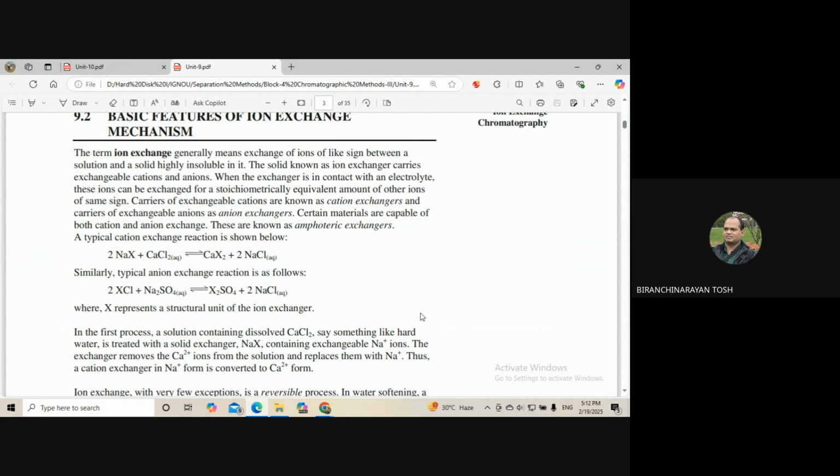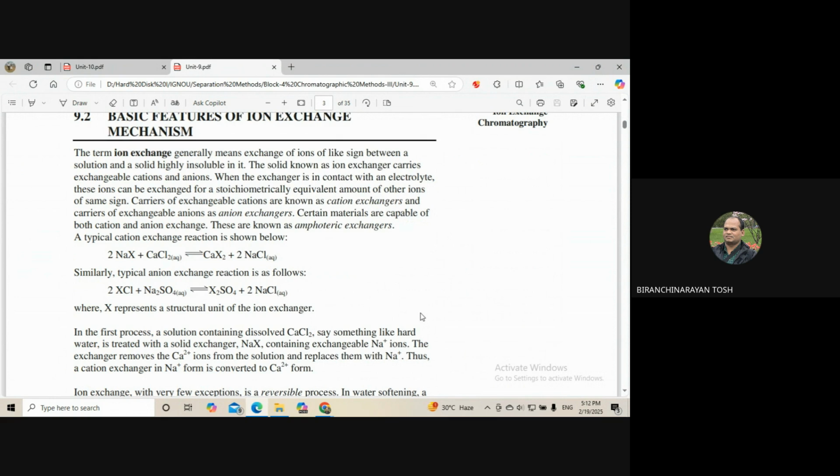Similarly, in the anion exchange reaction, we have taken HCl and sodium sulfate, which is soluble in water. So the sodium will be replaced by X, and X2SO4 may be insoluble or it will adsorb on the exchanger surface. So X represents the structural unit of the ion exchanger. In the first process, a solution containing dissolved calcium chloride, say something like hard water.